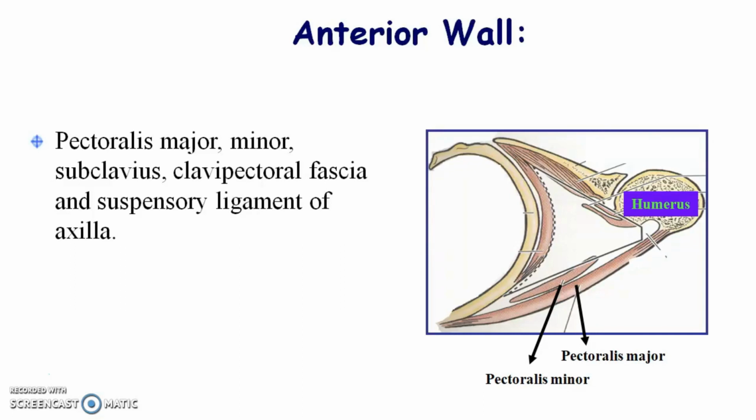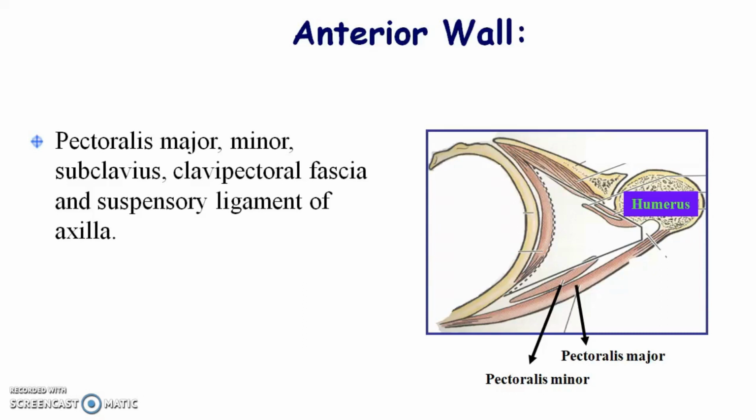Then we will be having some muscles bounding this anterior wall, such as pectoralis major, pectoralis minor, subclavius, and along with this we will be having one fascia called clavipectoral fascia, and also another fascia called suspensory ligament of axilla, which is nothing but an elongation of the clavipectoral fascia itself. So about the anterior wall, these are the important things you have to mention.